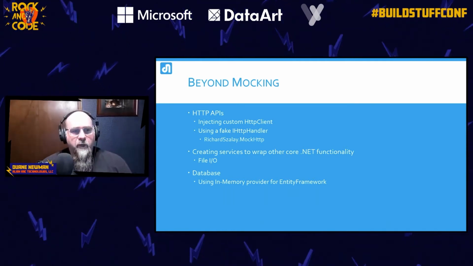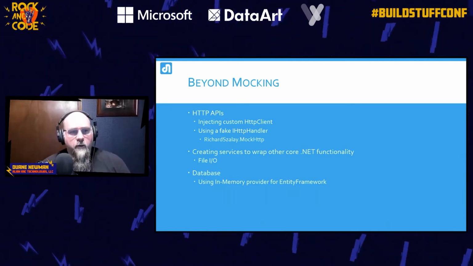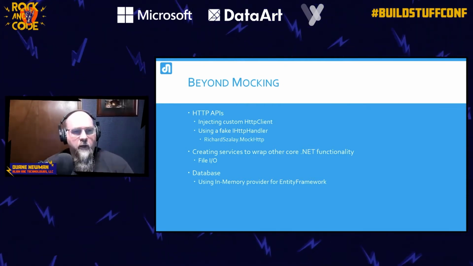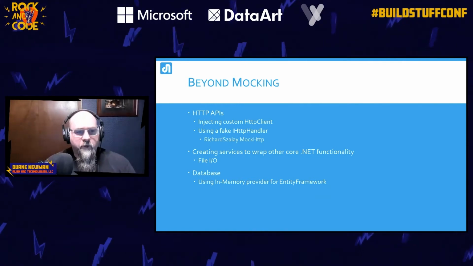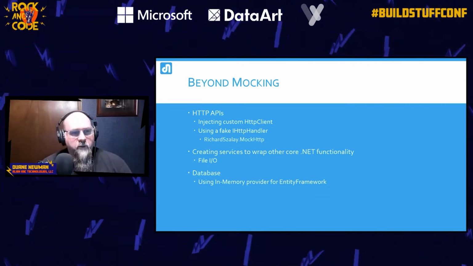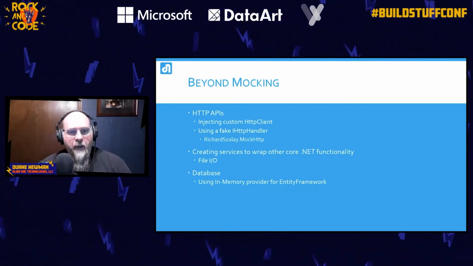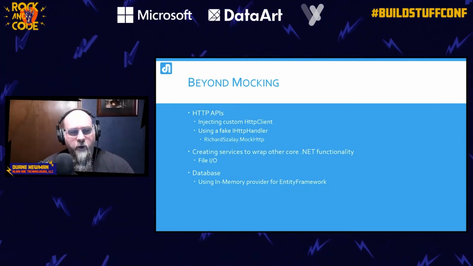You could do it a couple of ways. You could inject a custom HTTP client and make it do what you want, or use a fake HTTP handler, which you could either create yourself, or you could actually use Richard's mock HTTP NuGet packages out there, which is really great for doing this.